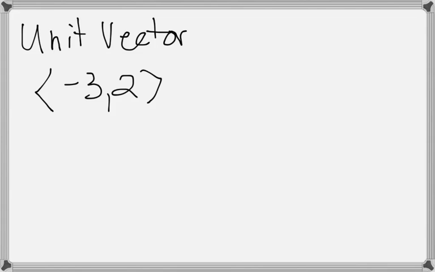Now that magnitude is what? What's the magnitude of this vector v? Good. The magnitude of vector v in this case is the square root of 13. That's definitely not 1. So the questions would be like this. On a quiz or test or whatever, I want you to give me a unit vector that is the same direction as the original vector.